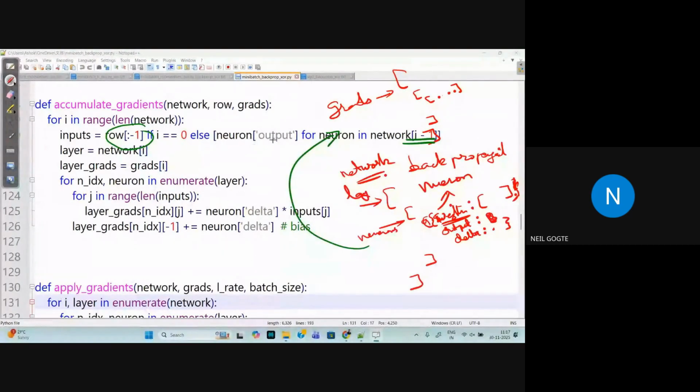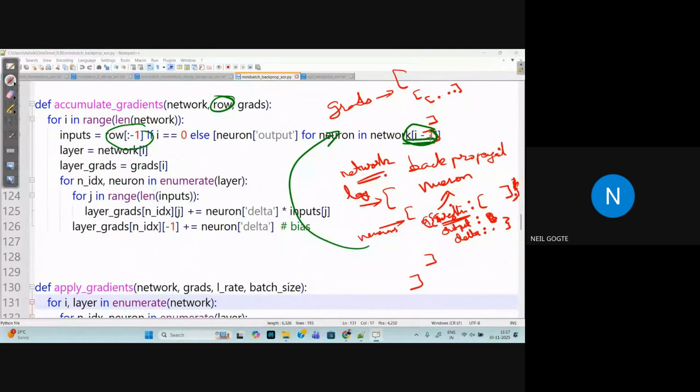So please understand how the inputs are computed. This is finally the input for each layer. For the first layer, the input is actually given from row, and for all subsequent layers, the input is the output of the previous layer. I think that at least you should grasp looking at this intuitively. This is network i minus 1.